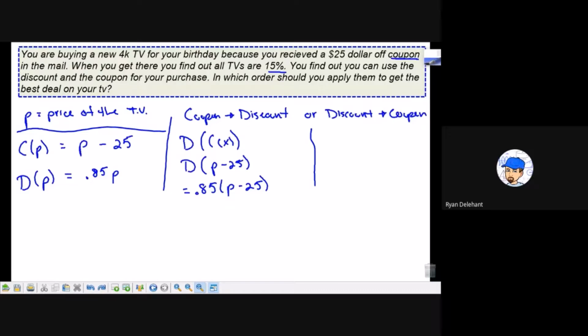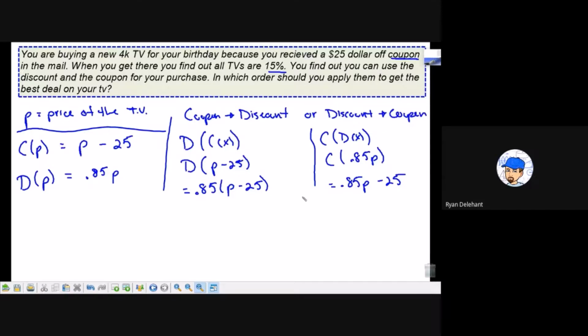Here we want discount, then coupon. So the coupon's the outside function. The discount's the inside. So coupon of 0.85P is what gets plugged into it. So this P value turns into 0.85P, and the 25's out here.